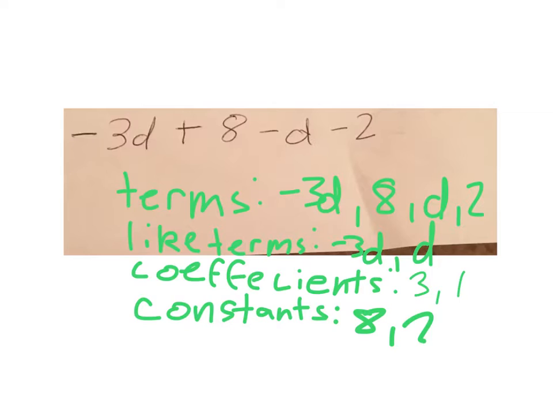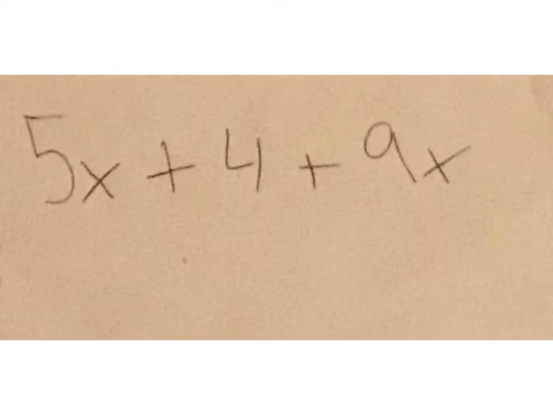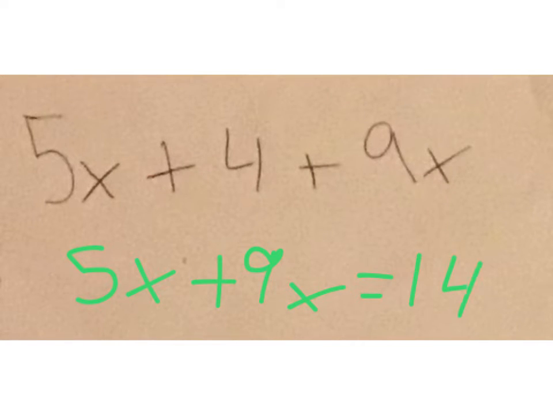So for this equation, what we are doing is finding the simplest form for this expression. So 5x plus 4 plus 9x. So you can't add 5x to 4, but you can add it to 9x. So 5x plus 9x equals 14x.